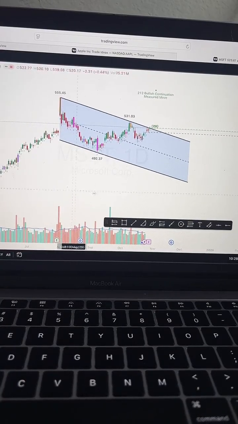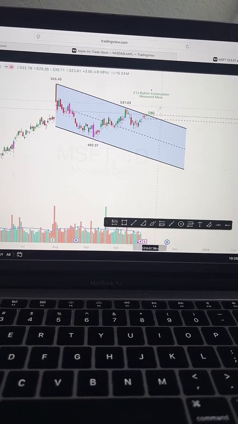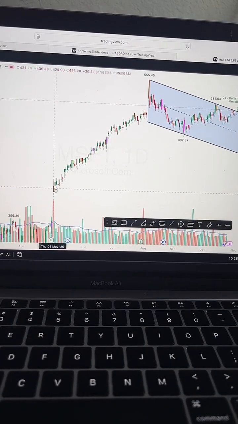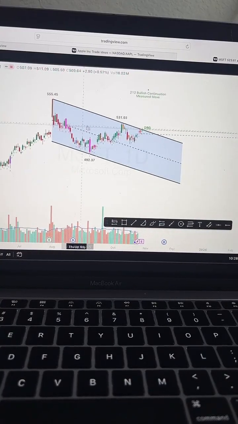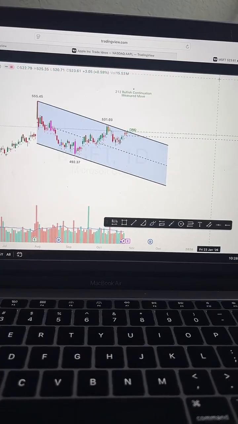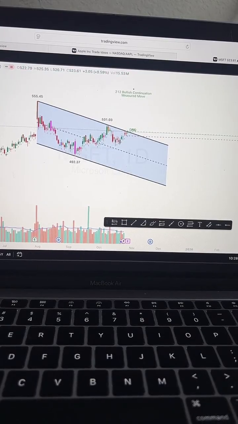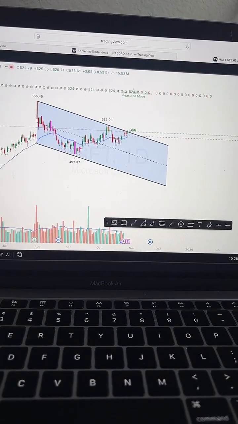I think that Microsoft has this cup and handle going on. What I think is going on here is we had this massive uptrend for a while. I think it's kind of cooling off and setting up for the next move, which I only say because I see this cup and handle and I'm a pattern trader as well. I might do some lessons on that. I bet the handle is by the moving average.